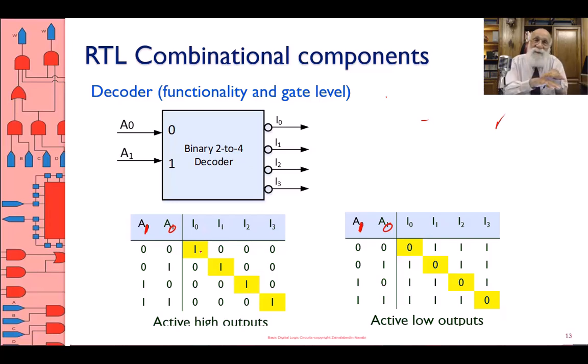That means, okay, the 0, 0 was decoded into output number 0. 0, 1 decoded into output number 1. 1, 0 decoded into output number 2. 1, 1 decoded into output number 3.